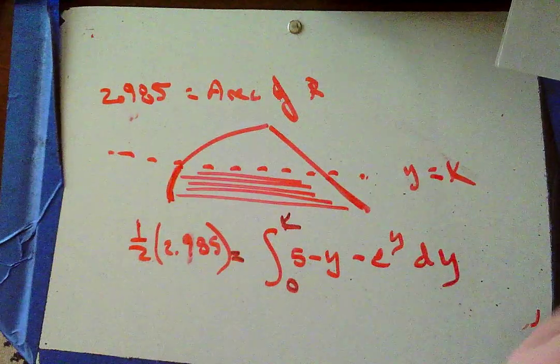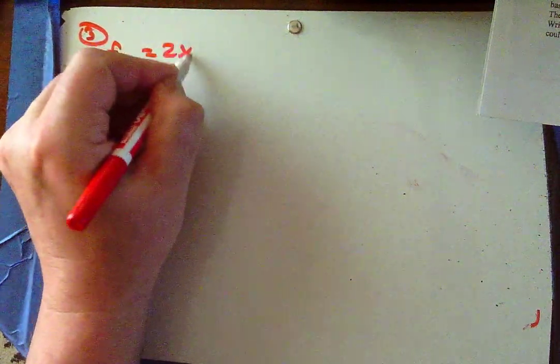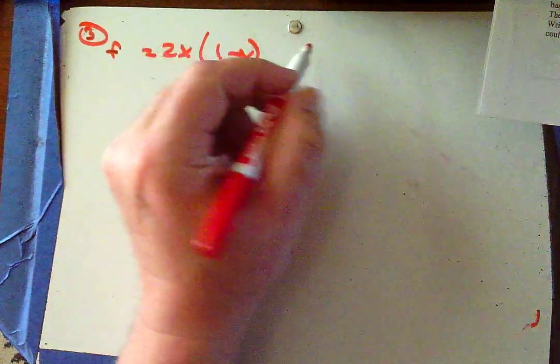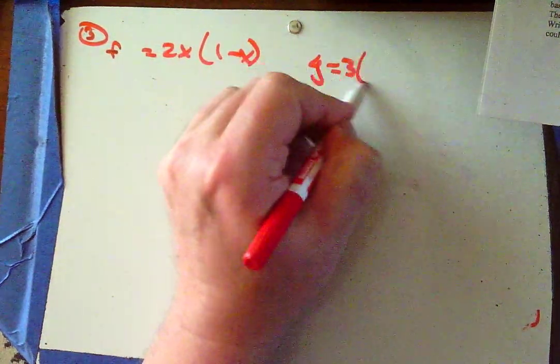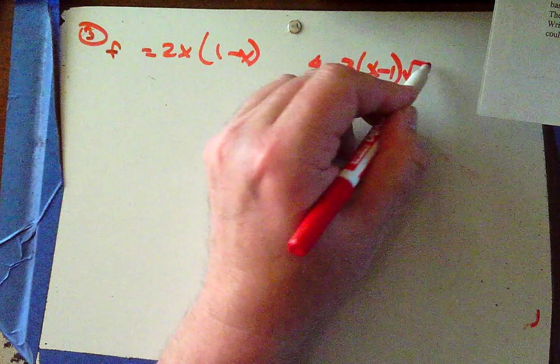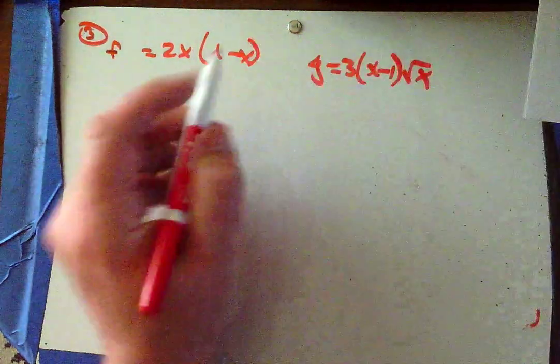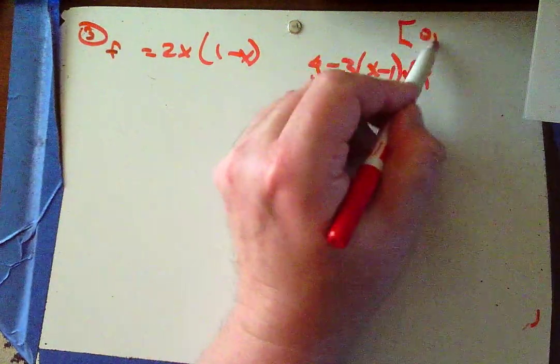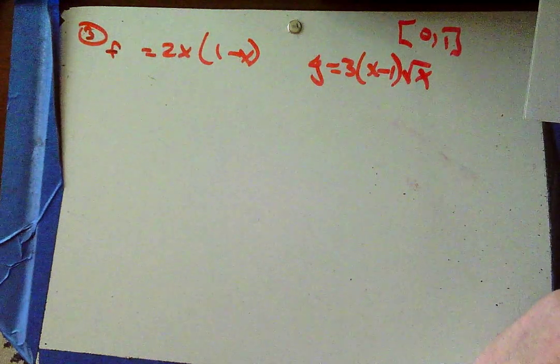Okay, next, problem number 3. Problem number 3 says we've got f and g are functions. F equals 2x times 1 minus x. G equals 3x minus 1 times the square root of x. And we're looking at the interval from 0 to 1.